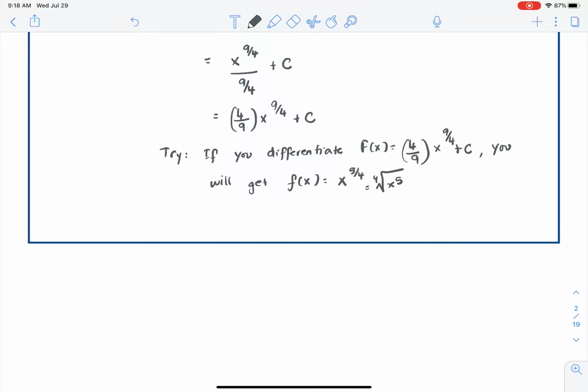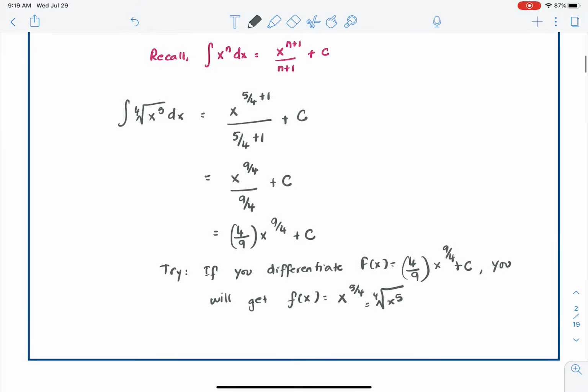Try that at home, and you can reinforce the concept that the antiderivative, when differentiated, is going to give the function that is inside the integral. We have a fancy name for it. It is called the integrand.